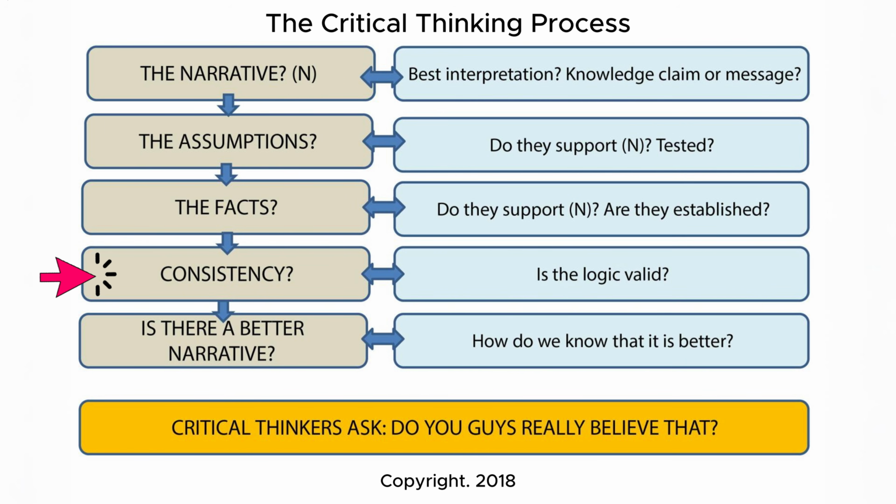And then a very important part of critical thinking is to say, is there an alternative narrative, and is the alternative narrative preferable, and how do we know it's preferable? So those are the steps which you can see in this flowchart, which you can ask of any narrative. It enables you to establish whether or not the narrative is supported by its assumptions and facts, and whether it's consistent or not.